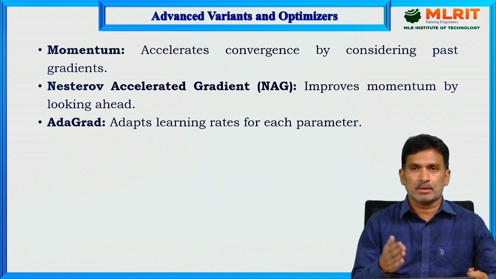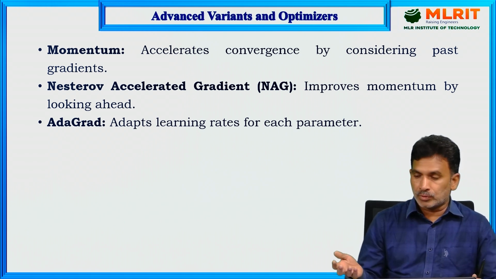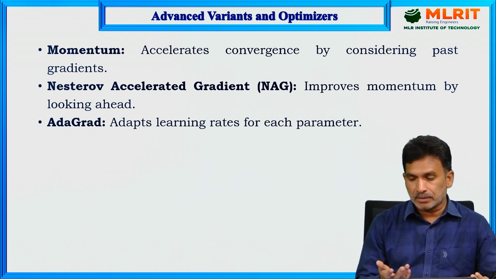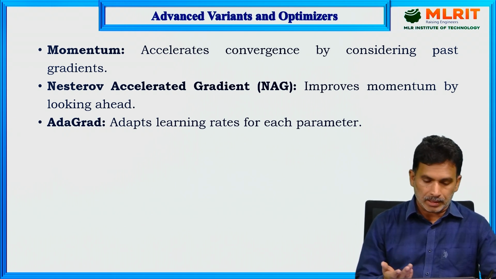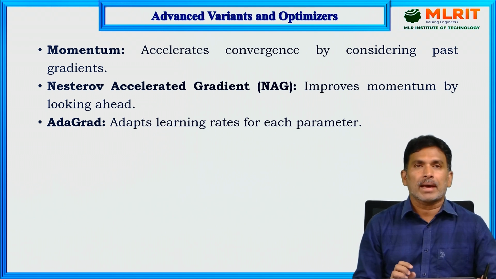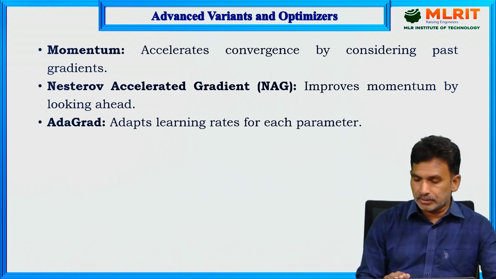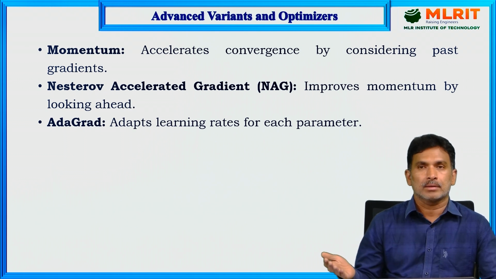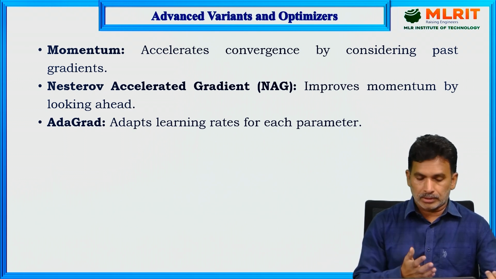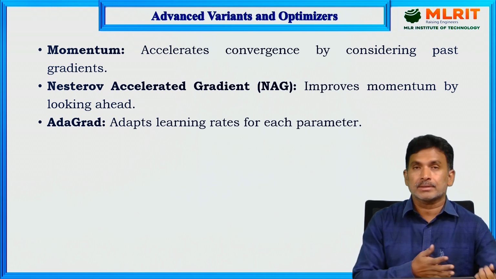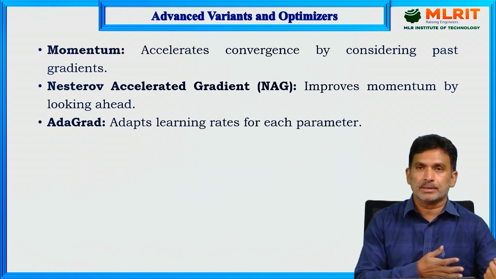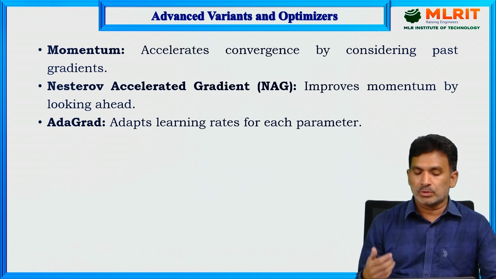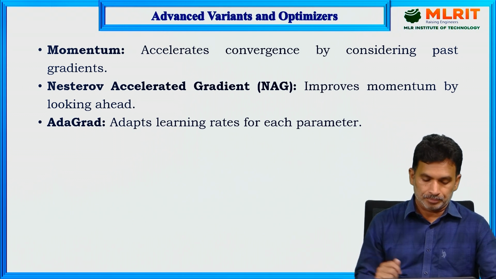Nesterov accelerated gradient is another very important one, which improves on momentum by looking ahead. Whereas momentum accelerates convergence by considering the past gradients, NAG improves the momentum by looking ahead.